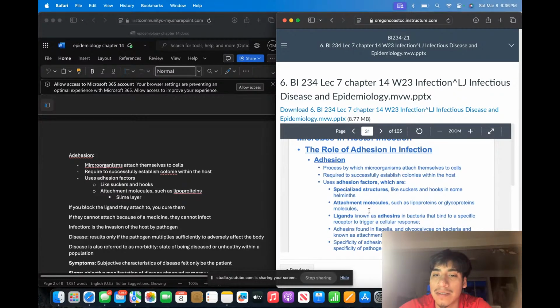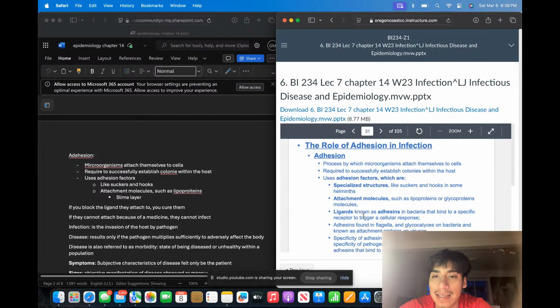An example would be the viruses we were just learning about: enveloped viruses have glycoproteins on their envelope, which are attachment proteins.